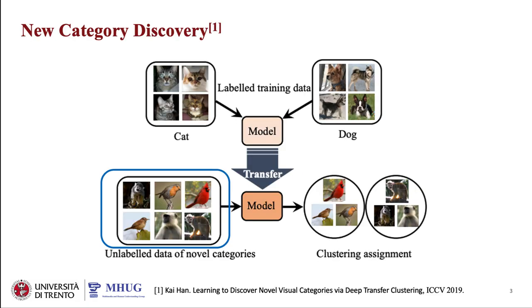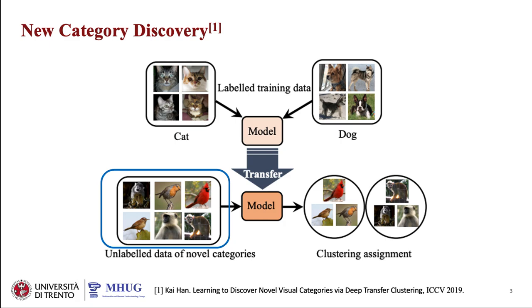First of all, I would like to introduce some background of GCD. Four years ago, Dr. Han proposed a new computer vision task named novel category discovery. This task aimed at clustering unlabeled novel categories with the help of labeled data.